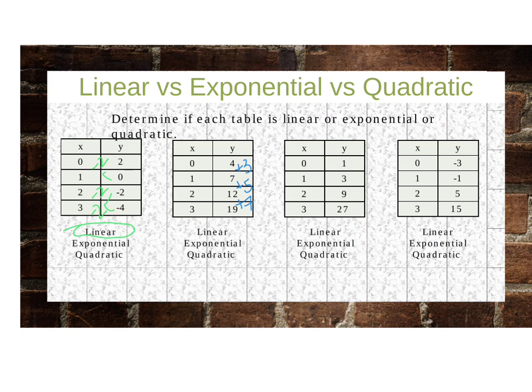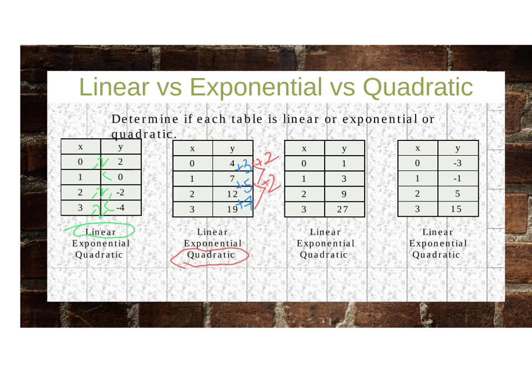So that is not a linear graph, but let's take a look at the second difference. 3 plus what equals 5? If you said 2, you're correct. 5 plus what equals 7? If you said 2, again, you're ahead of me. So this is a table for a quadratic equation because the second difference is the same.